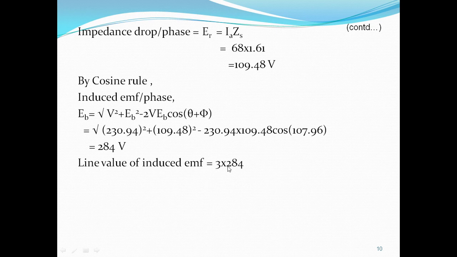That is root 3 into 284, not 3 into 284. It is root 3. Do the correction here. All of you listen carefully. Here it is root 3 into 284. Here one more correction: this is EB, not ER. This is ER.